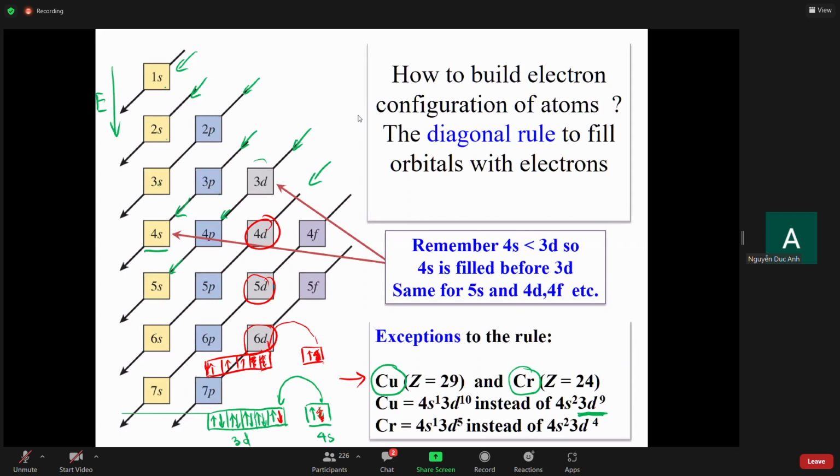Mr. G is saying this in the chat box, and I have the same idea. There are no rules for this one. In the case of 3d we see it, but in the case of 4d we don't see it. Yeah, it's irregular. So you have to remember this case. If you have to write down the actual configuration of copper or chromium, you have to remember this. There are no rules for the movement.